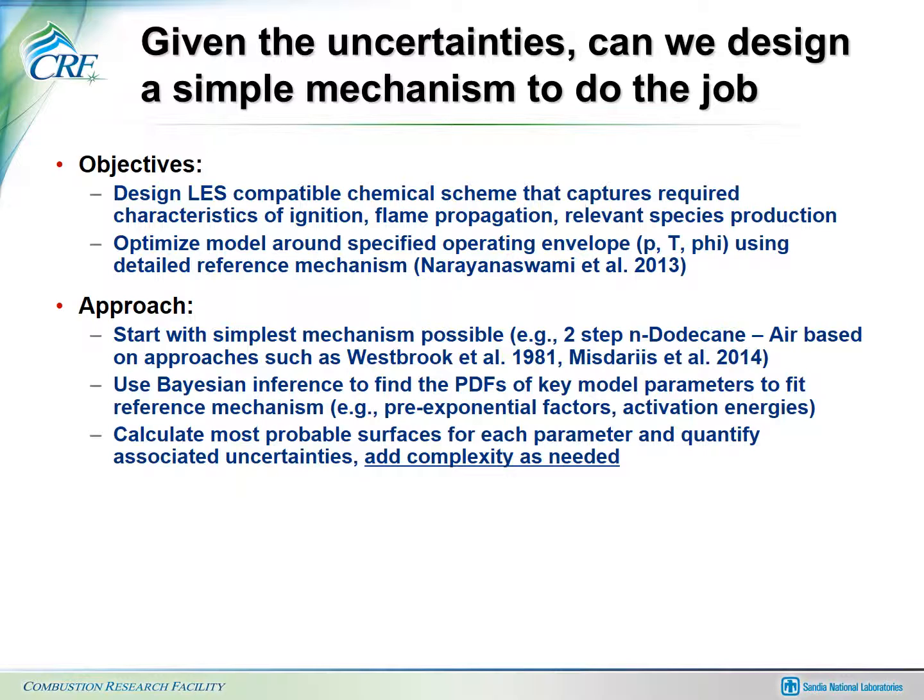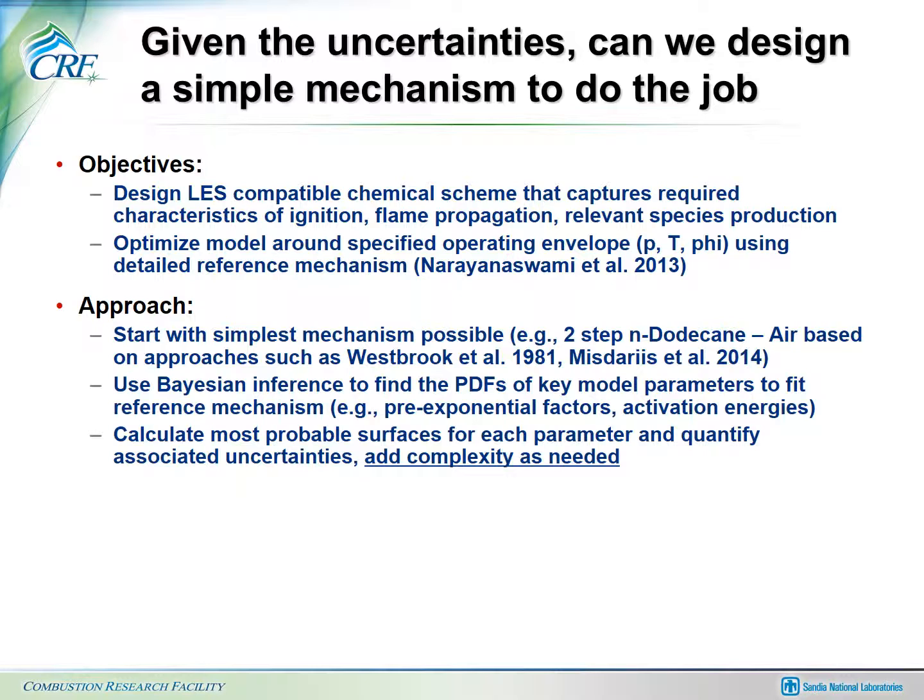And if we're just looking for a few select properties associated with these mechanisms, we're asking the question, can we take advantage of some of the newer UQ techniques that are being used in collaboration with people like Combustion and so on, to actually come up with designer mechanisms, so more engineered mechanisms that will do the job for now.